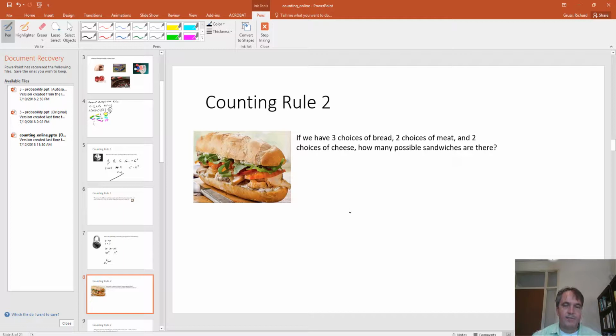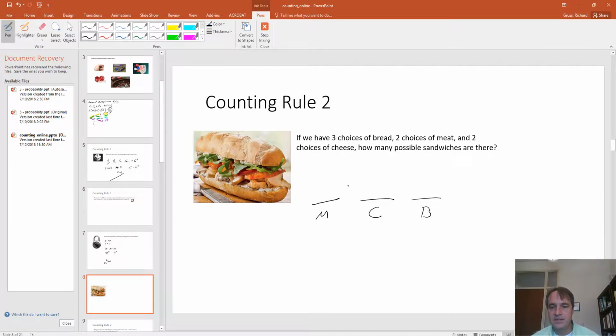Okay, so once again, we can do this whole filling slots thing. So we'll say, okay, this is going to be a meat slot, and this is going to be a cheese slot. It doesn't matter what order, because multiplication has the commutative property.